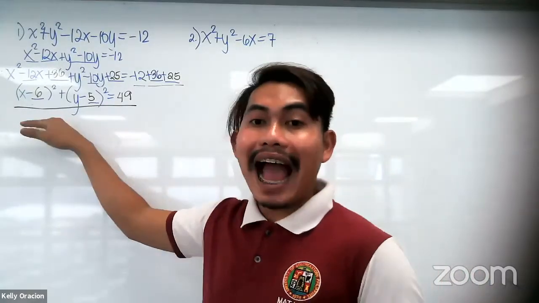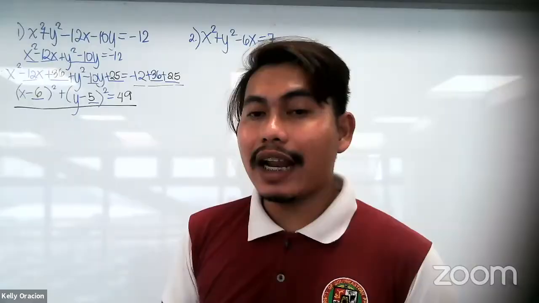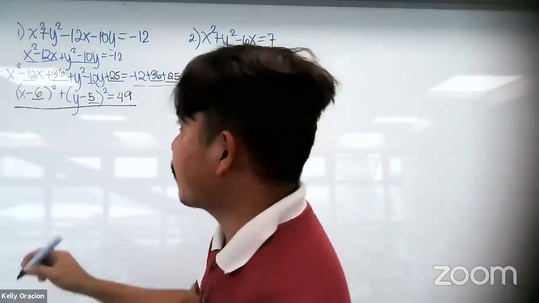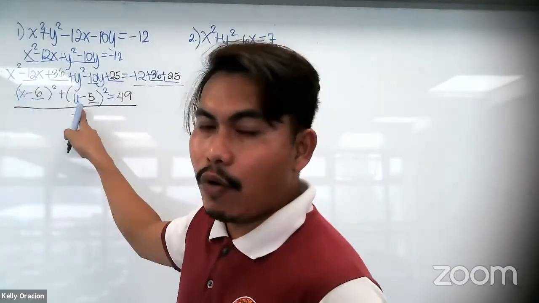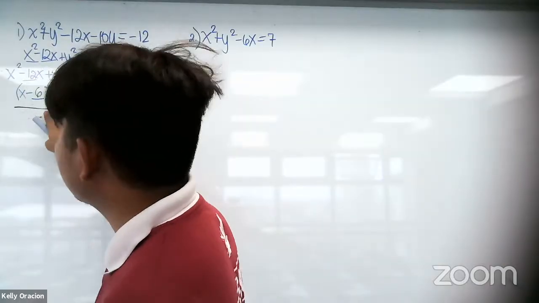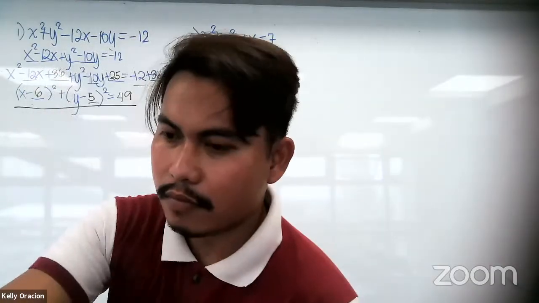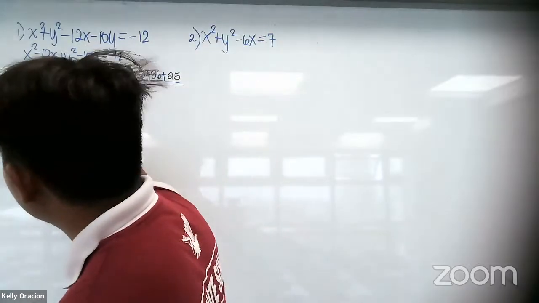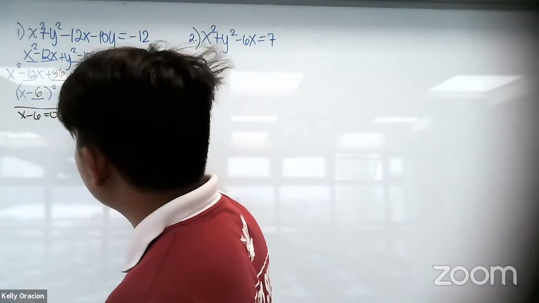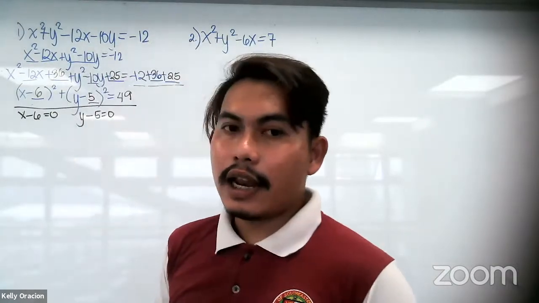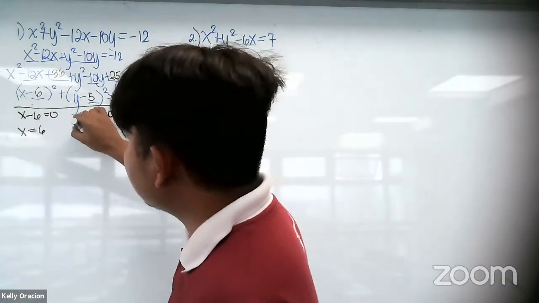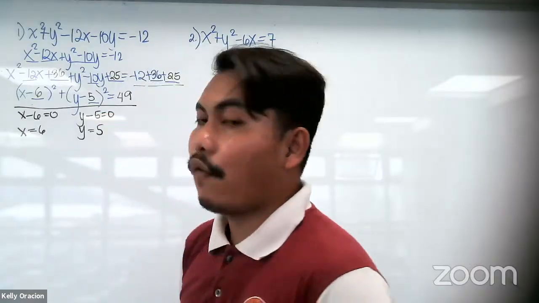And since we already have our standard form, we can now determine our center and radius. Equate them into 0. So x is 6, y is 5.